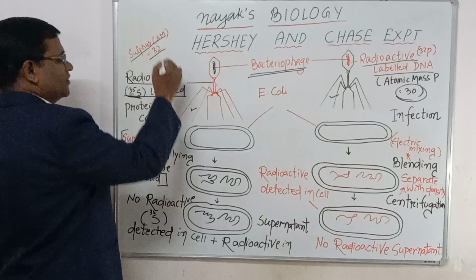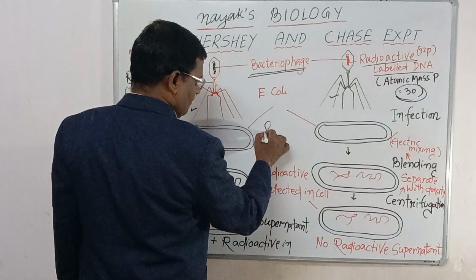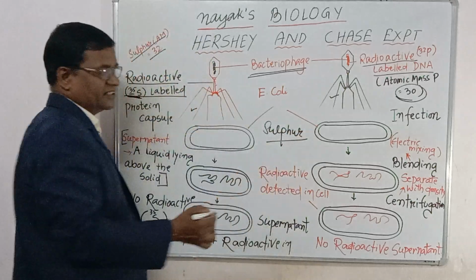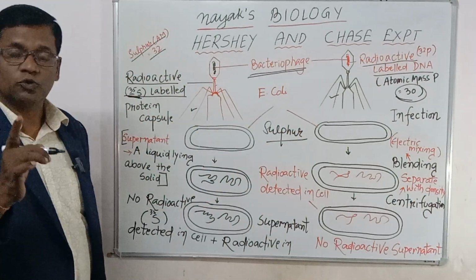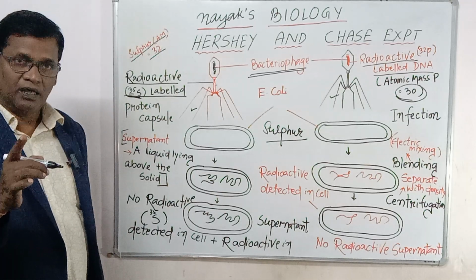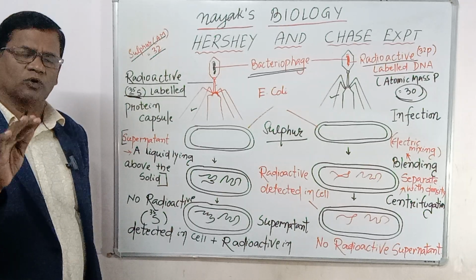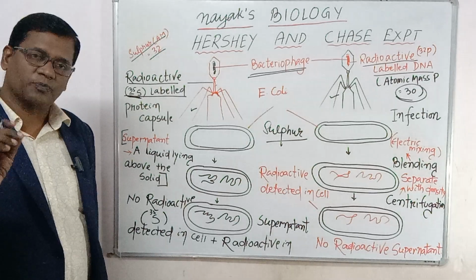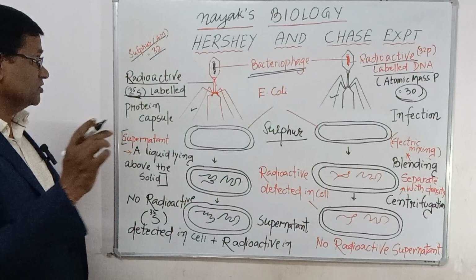Sulfur is present in protein. Don't forget, a virus is a particle which consists of two components: one is nucleic acid, and the other is protein. That's why it is called nucleoprotein.